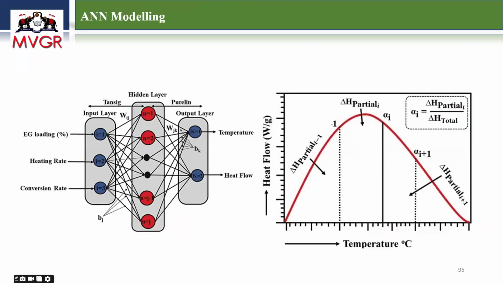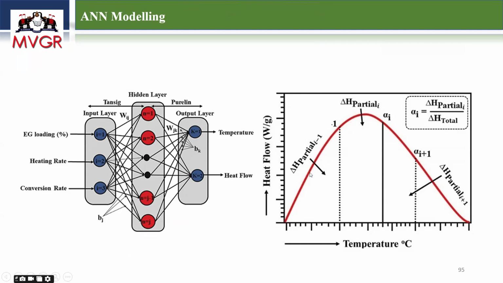Here I was also developing neural network modeling. Here the inputs are expanded graphite and heating rate, and here the conversion rate. Earlier we had a huge amount of temperature data, but here I'm taking the conversion rate.